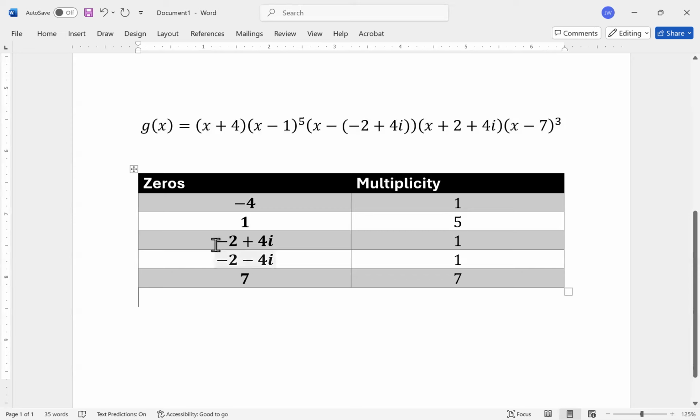You can also see that these two complex number zeros actually occurred in conjugate pairs. And that's a really interesting thing. You don't always have to have that, but you do have to have that in certain circumstances.